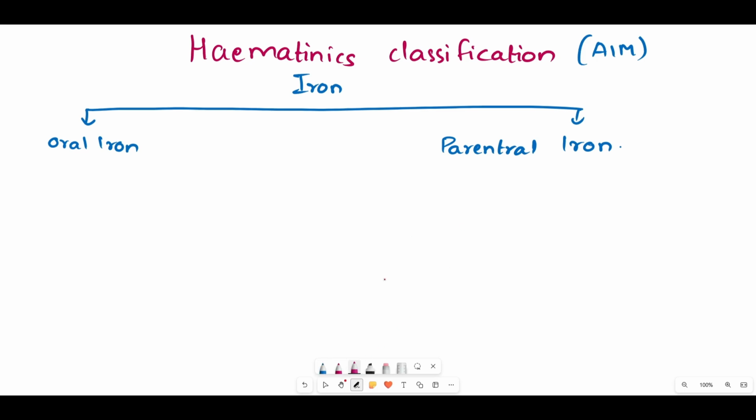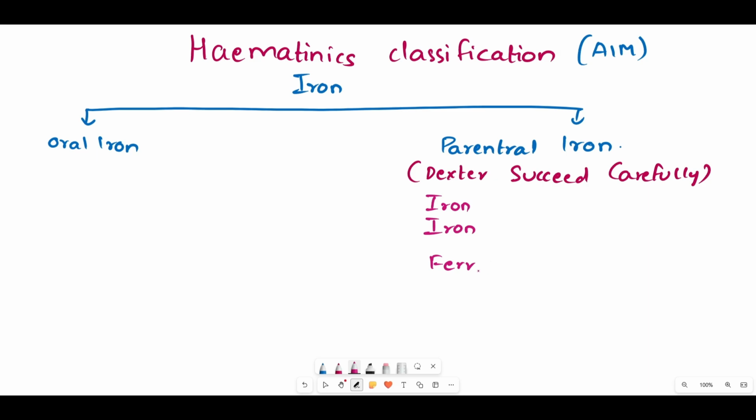So here in the parenteral iron, remember the trick as Dexter succeed carefully. Dexter succeed carefully. That means here the examples are, two drugs will be with iron, two drugs will be with ferrous and ferric.